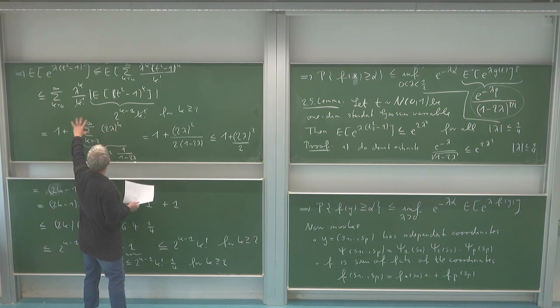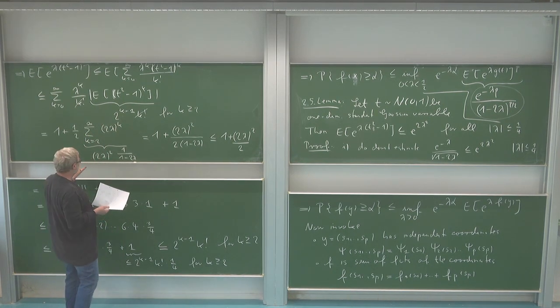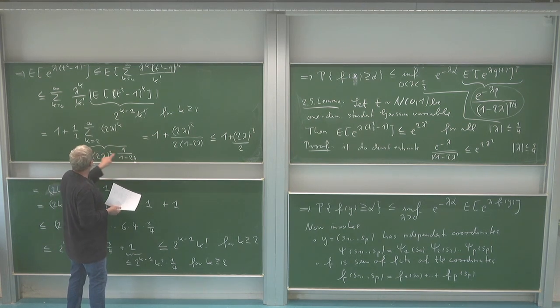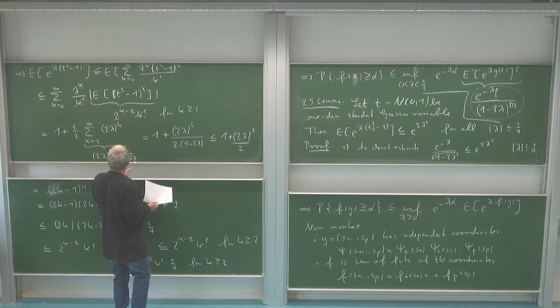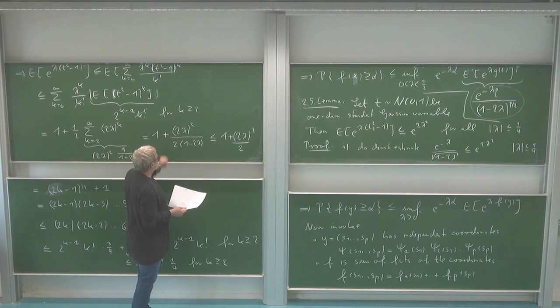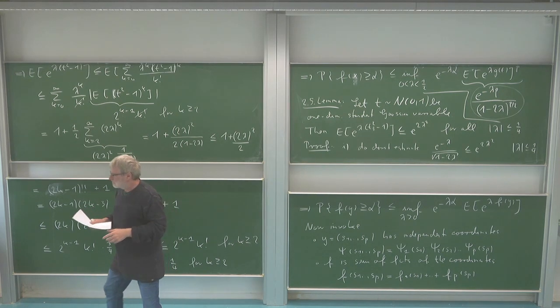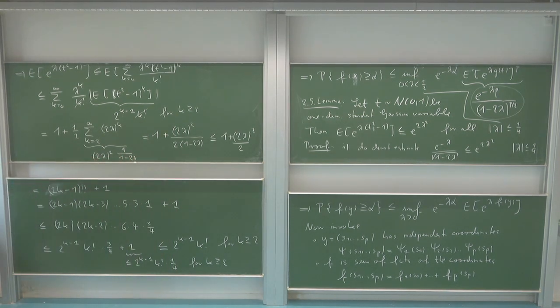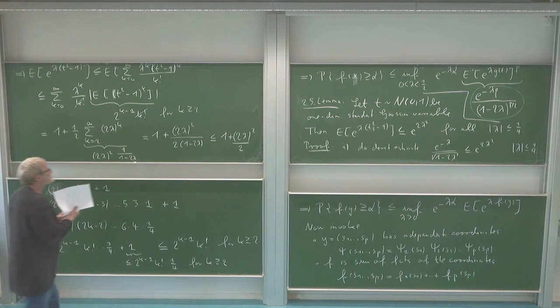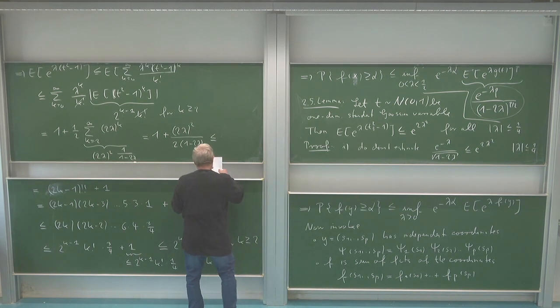I take it out of this sum, and then essentially I have the geometric series starting at k equal to 0, which is 1 over 1 minus 2 lambda. Okay, but now I estimate this against, okay, I have the 1.